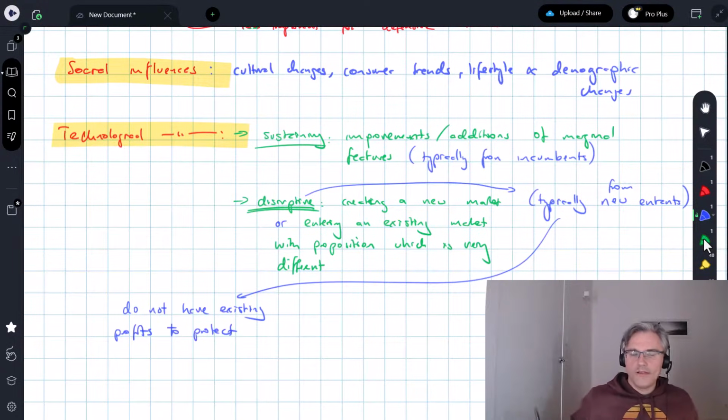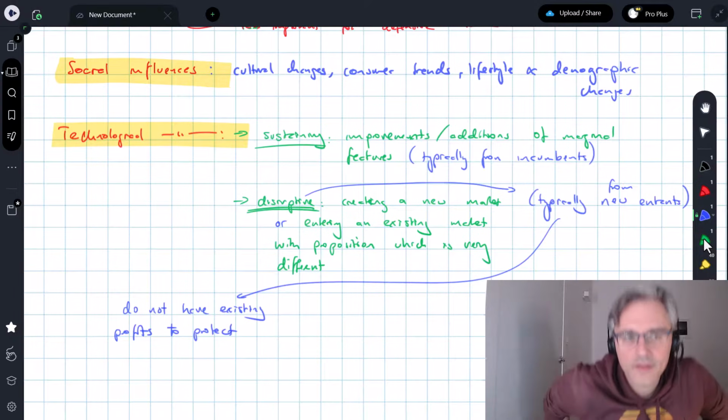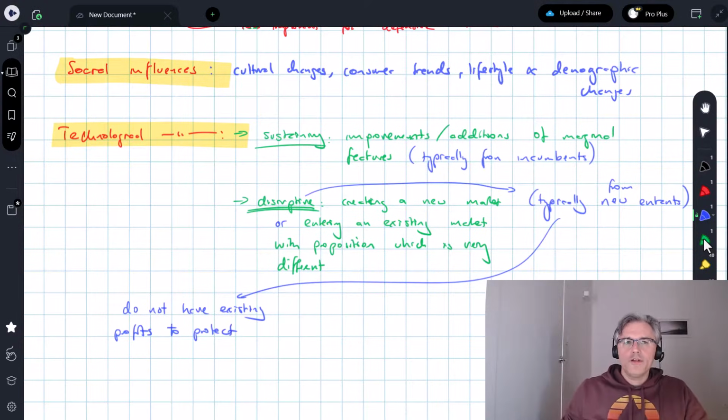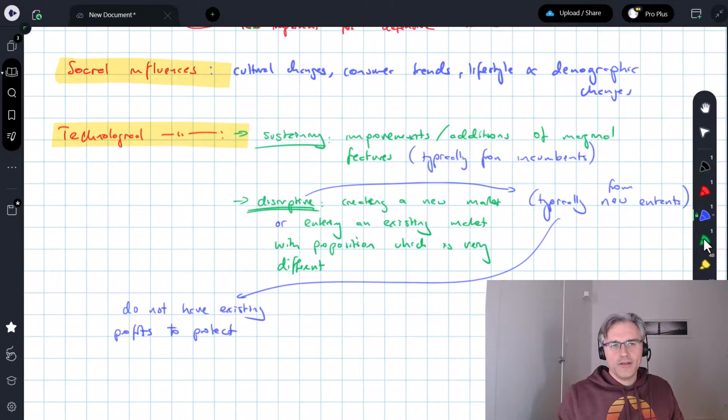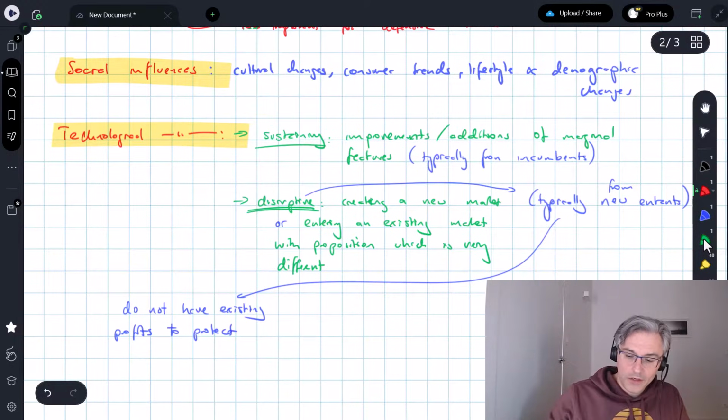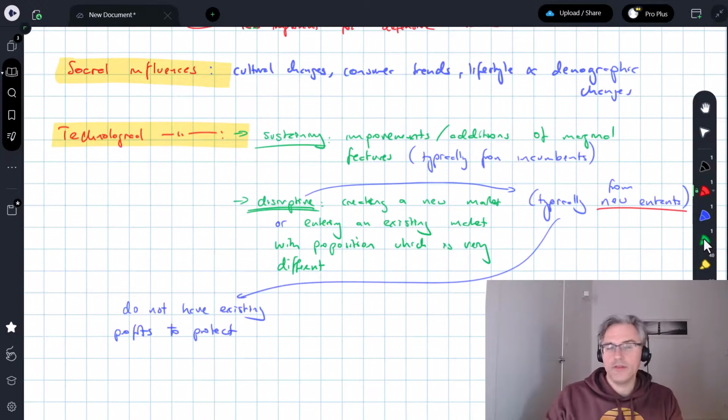It's not like TV stations would come up with the idea of streaming because that would kill their existing business, so why do it? But a new entrant who has nothing to lose, no market to lose, is going to be much more inclined to take on the challenge.